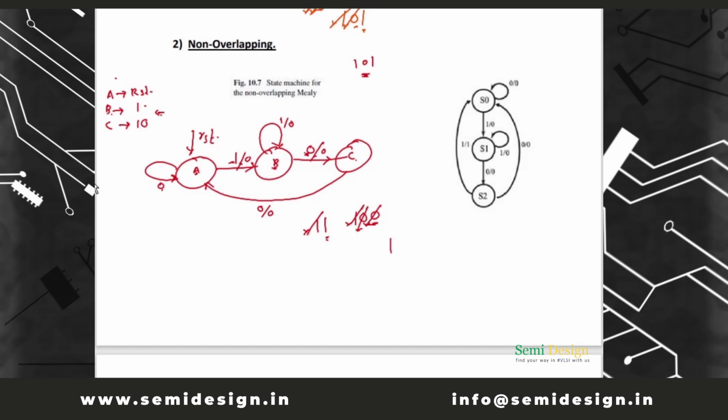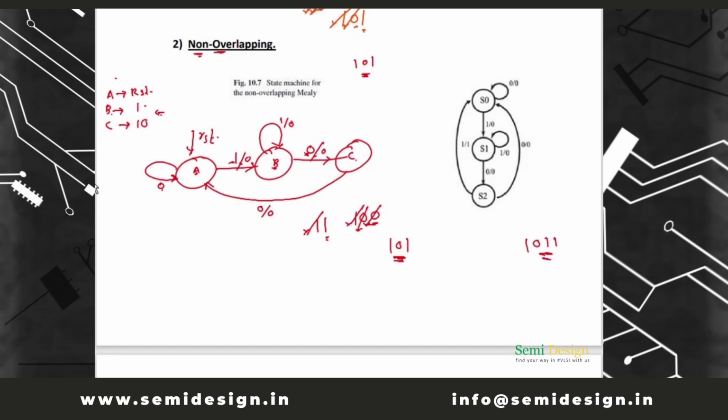Now see, 101 in non-overlapping, whenever sequence is detected, it will go to its reset state. Let me repeat. In non-overlapping case, whenever 101 sequence is detected, or any sequence which you are taking, for example 1011, if this final sequence is detected, it will go to its reset state.